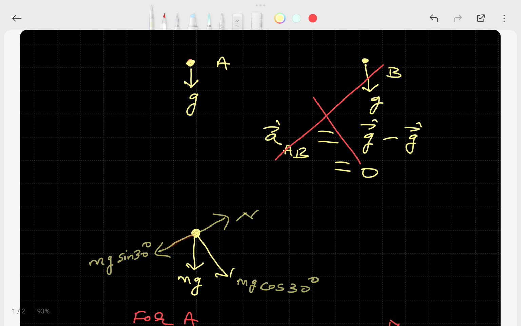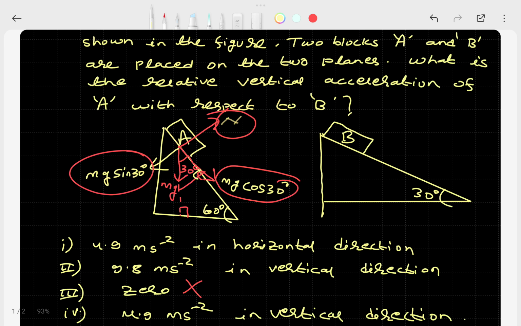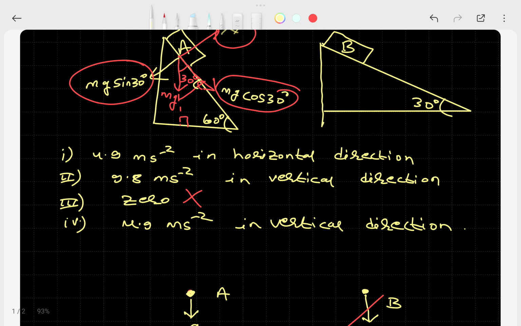So what is your correct option? They have made it easier, meaning upward and downward they haven't given in the options, so it is the vertical direction. So option number 4 is the right answer.